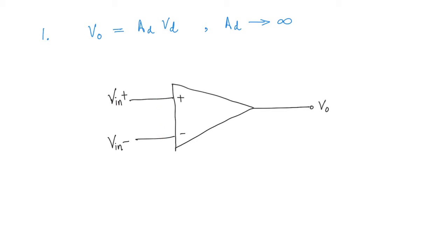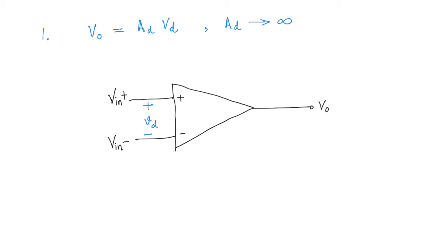Positive multiplied by an infinite gain would make the output positive infinity. If V in minus is greater, then your differential voltage VD is going to be negative, and therefore VD times AD, which is infinity, would give you minus infinity as the output.